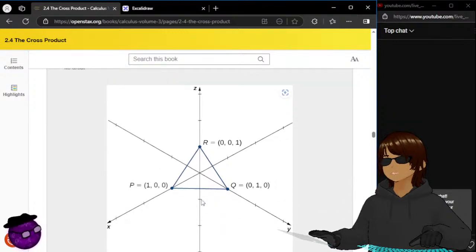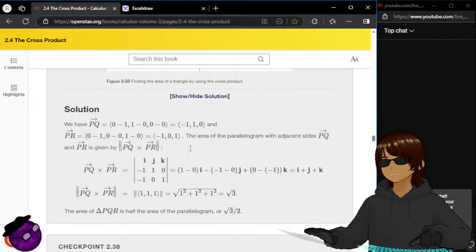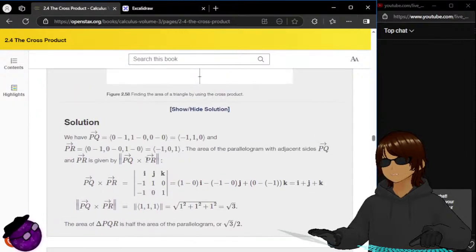No, no, no, not right angle, like an equilateral triangle, because all sides are the same length. So we can use Pythagorean theorem to find the length of this. That would be the length of all the sides. Then we can use Pythagorean theorem again to find the height. Then we can do half times base times height. We don't really need the cross product.